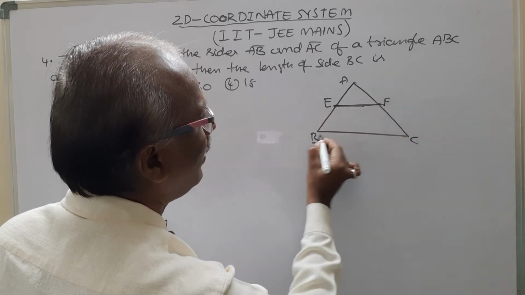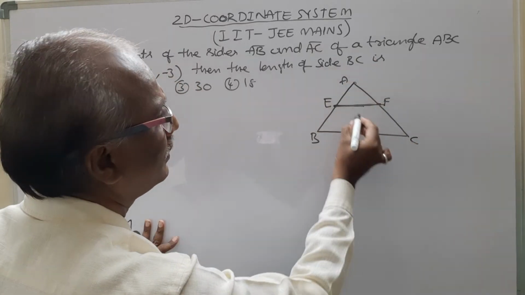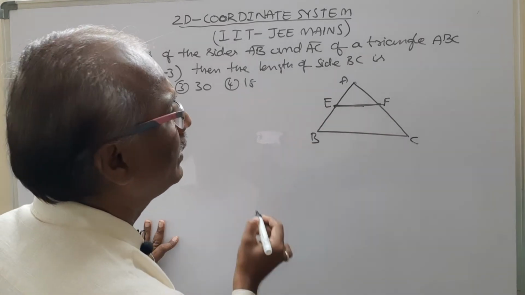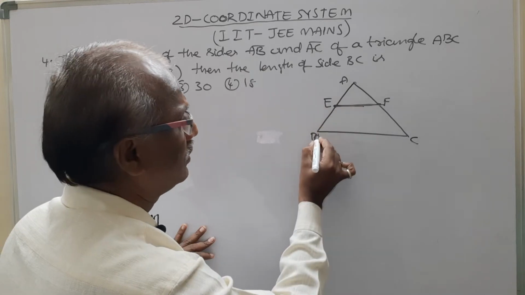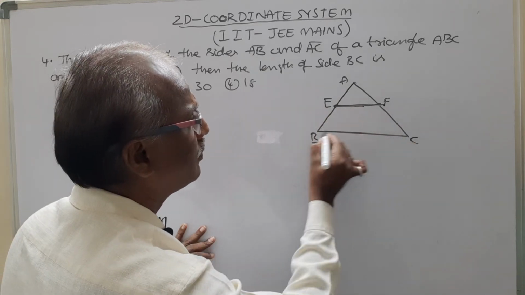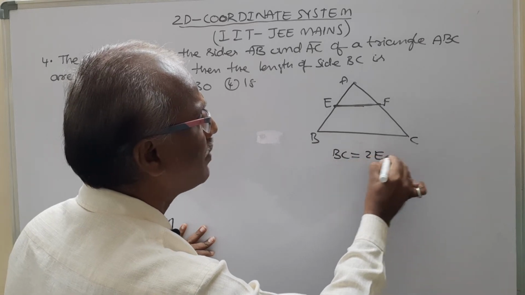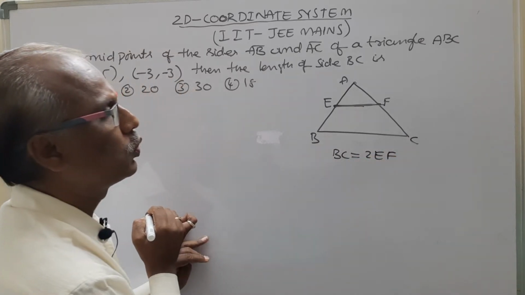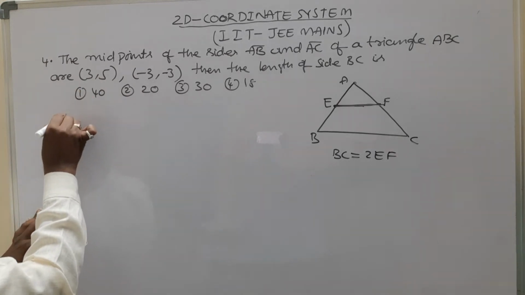This line EF is parallel to BC. To find the length of BC, one relation from geometry, already discussed in intermediate, is that EF is parallel to BC, so BC is equal to 2 times EF.